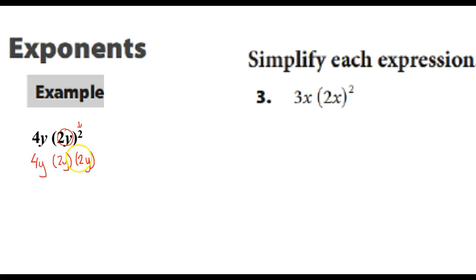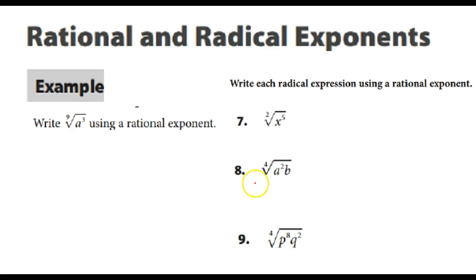Alright, so let's multiply out our coefficients. 4 times 2 times 2 and y times y times y. So that would be 16, and y is 1, 2, 3, to the third power. Go ahead and try out number 3. We'll be continuing on with rational and radical exponents on the next video.